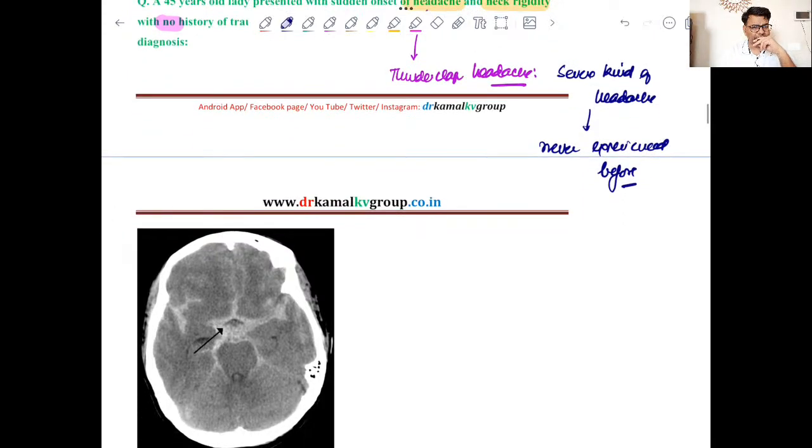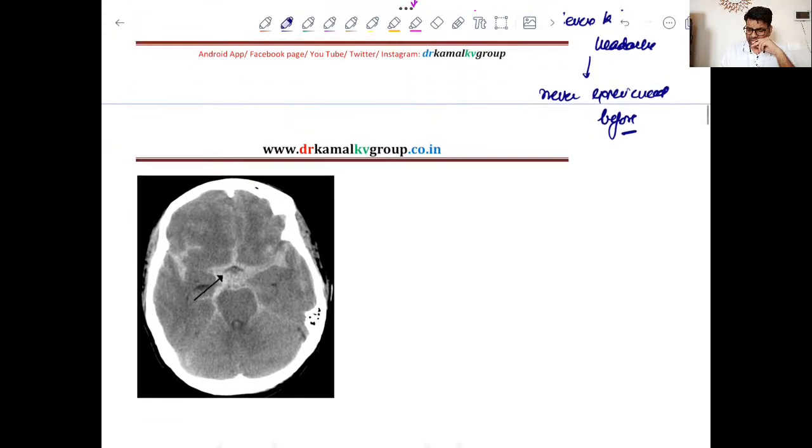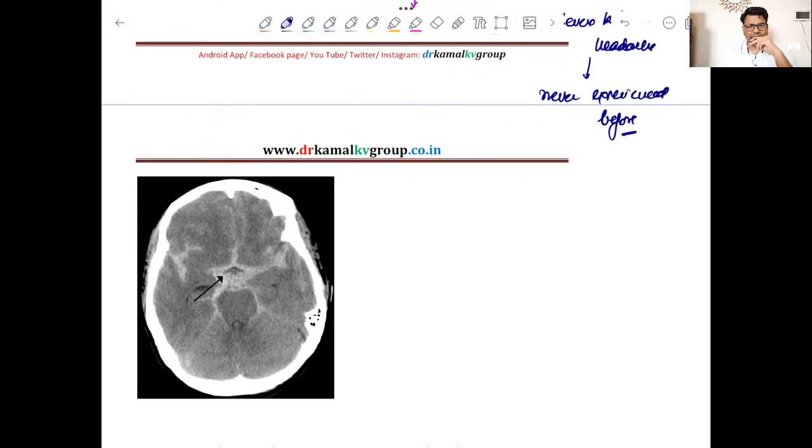And the moment you see the, yes, Ishan, absolutely right, thunderclap, and the moment you see the CT scan, you can say that this is a case of subarachnoid hemorrhage, right? Now let me see what are the findings which you have to see in this transverse section CT scan of brain to get to your diagnosis.